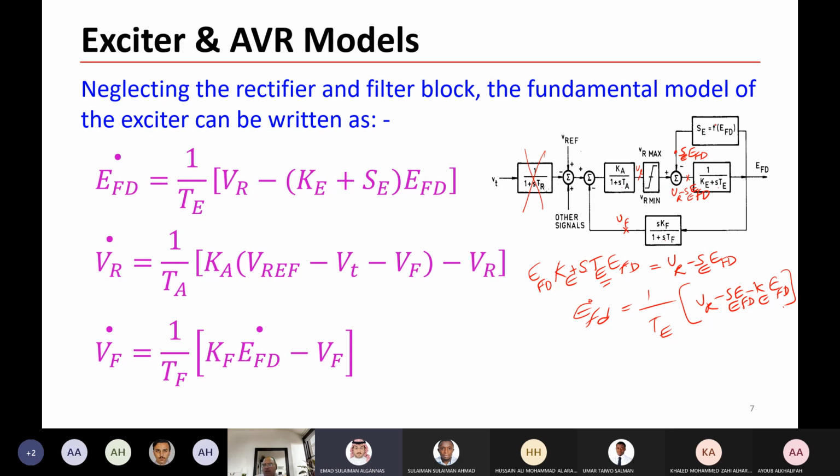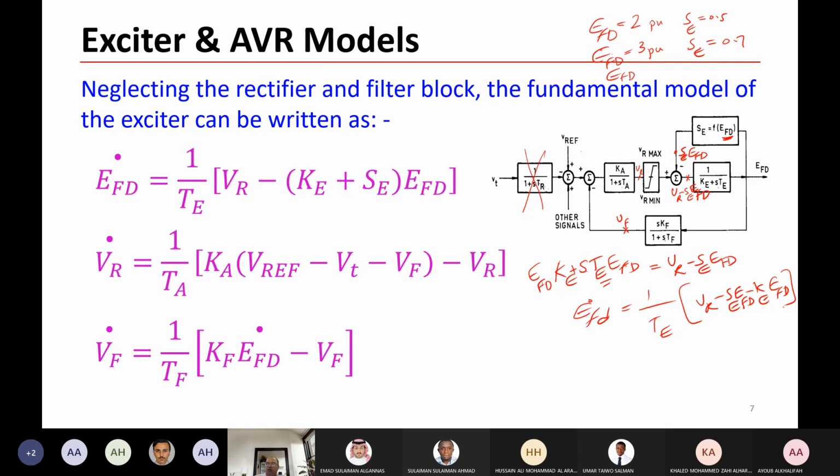SE is a function of EFD. SE is a scalar value, but not constant. It depends on the excitation system, the excitation level. For example, if EFD equals 2 per unit, then SE will be 0.5. If EFD equals 3 per unit, SE may be equal to 0.7.